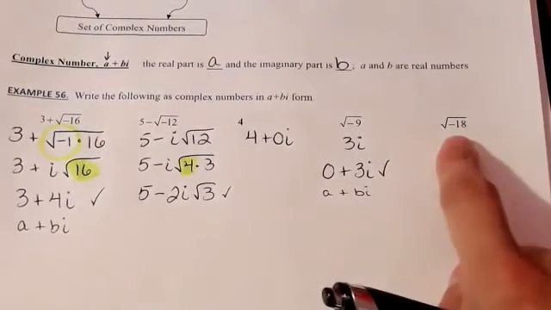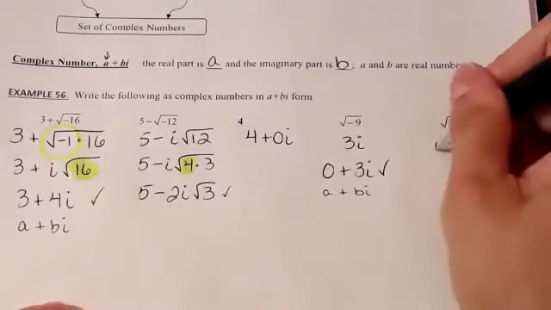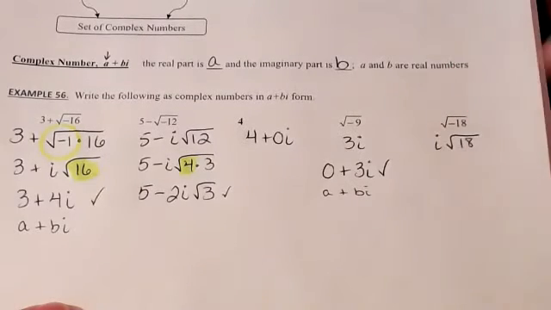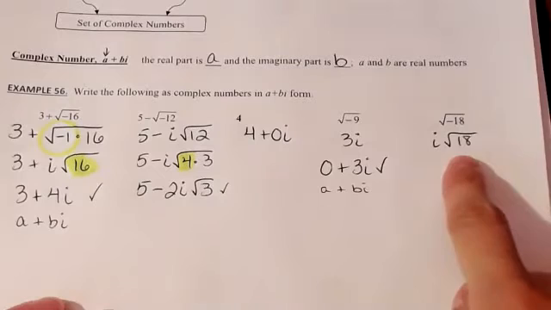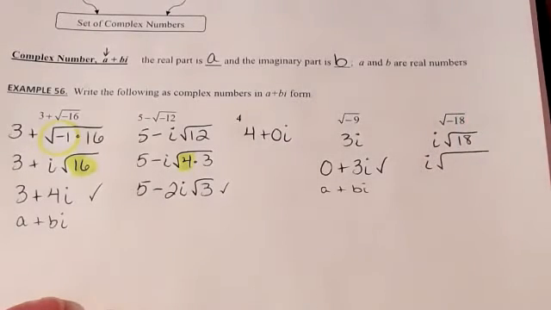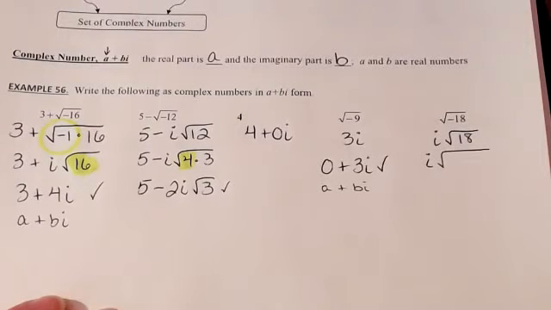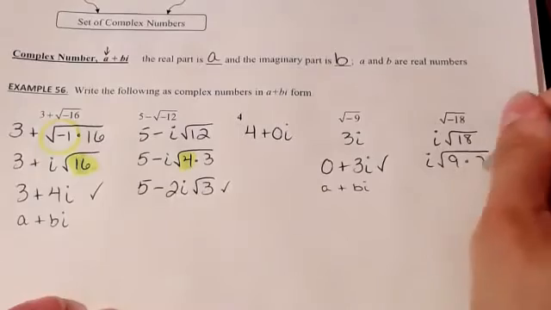Let's do it again, square root of -18. The first thing I would do if I were you, I would take the i out. Would you please break down the square root of 18? What's my largest perfect square factor? Nine and two. Yeah, perfect. 9 and 2.